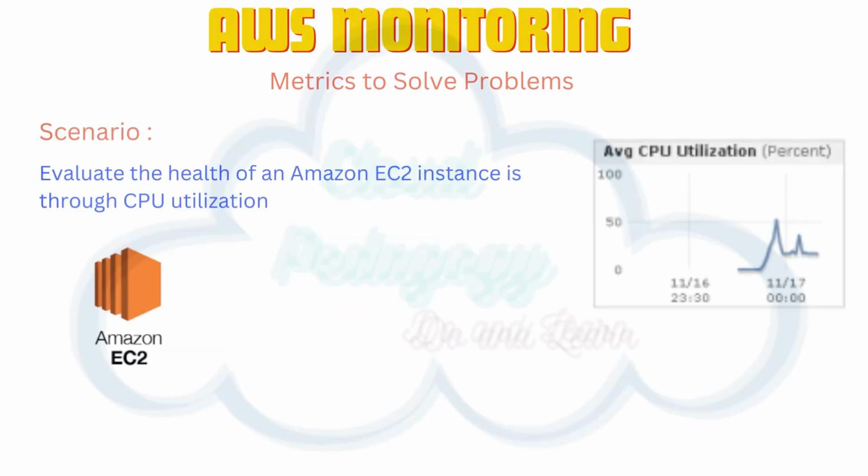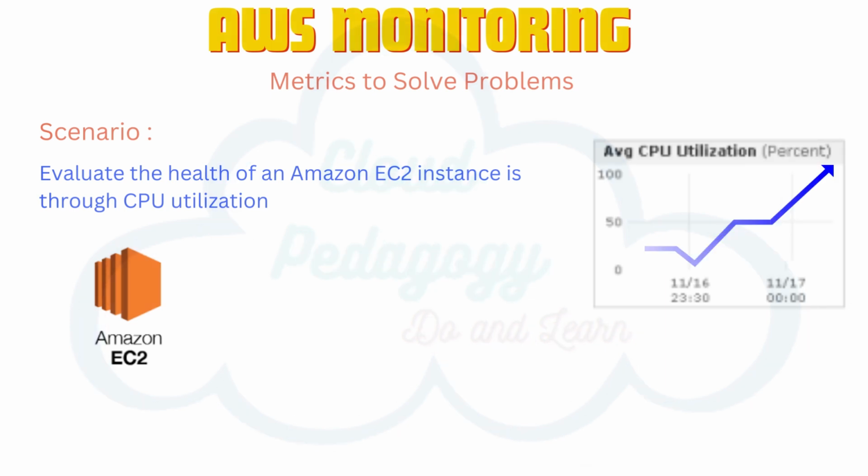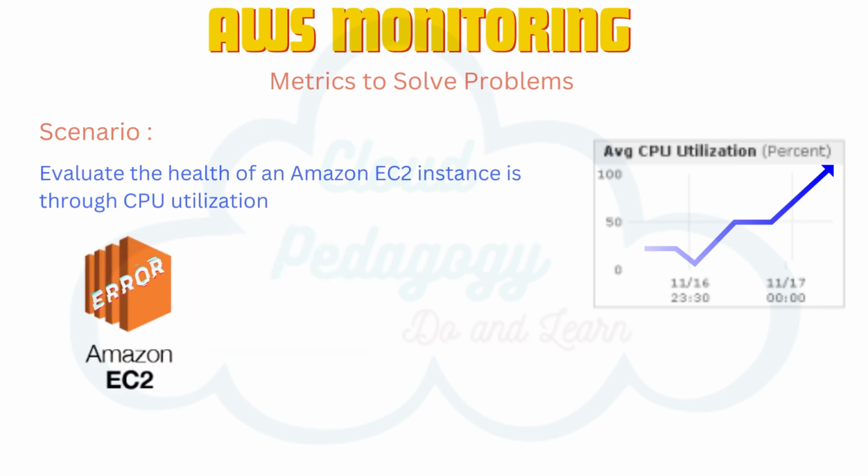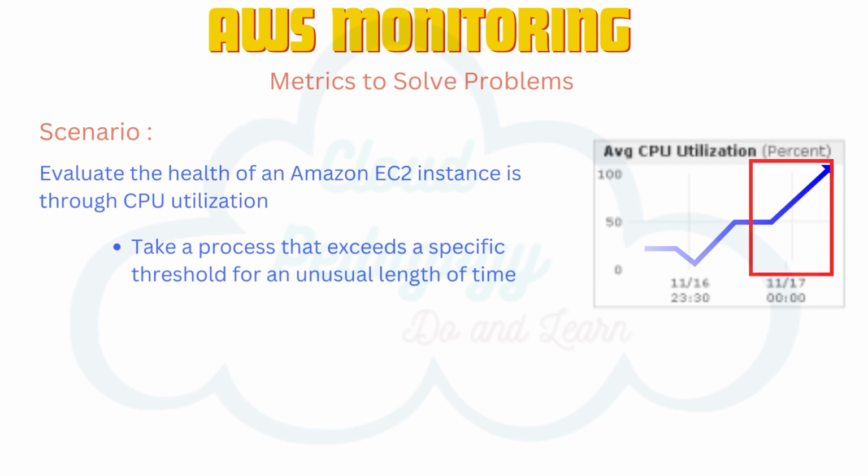Let's understand this scenario. One way to evaluate the health of an Amazon EC2 instance is through CPU utilization. If an EC2 instance has a high CPU utilization, it can mean a flood of requests. Or it can reflect a process that has encountered an error and is consuming too much of CPU. When analyzing CPU utilization, take a process that exceeds a specific threshold for an unusual length of time.